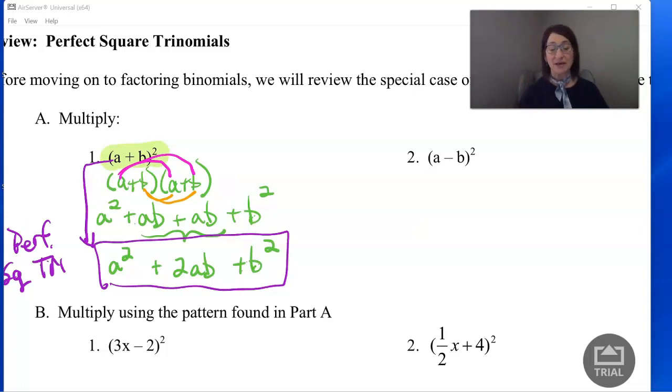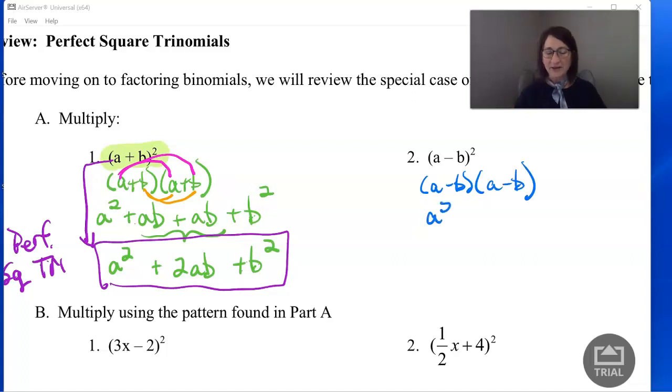(a - b) squared looks very similar. It's a binomial raised to the second power, and so again, this is going to result in a perfect square trinomial. So I'm going to take (a - b) times (a - b). That's the definition of an exponent.